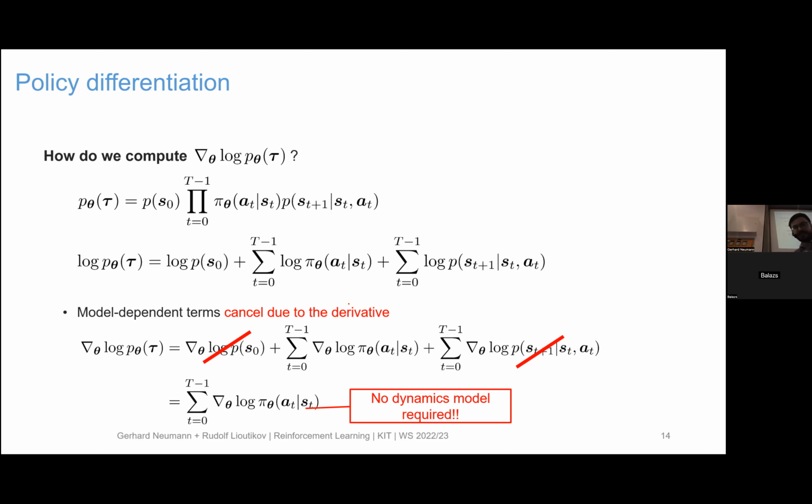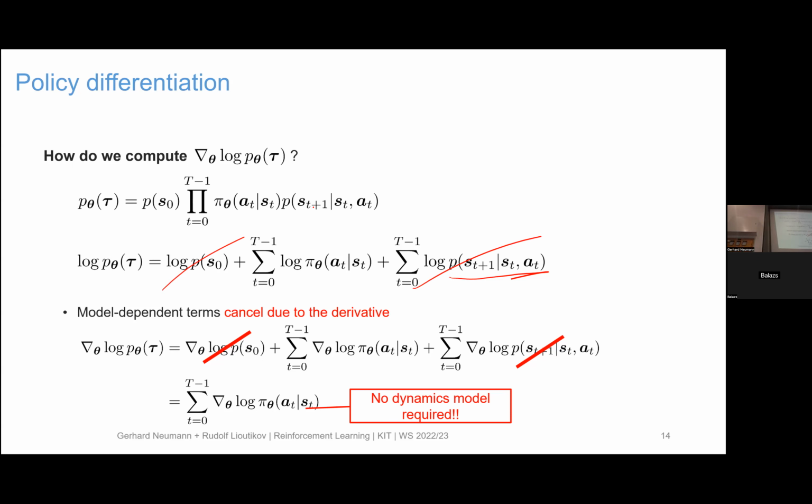And now the good thing actually is I want to know the derivative of this with respect to theta, isn't it? And I don't know this guy, so I could not compute that. But it doesn't depend on theta. This one also doesn't depend on theta. Only the policy does, and I know the policy.